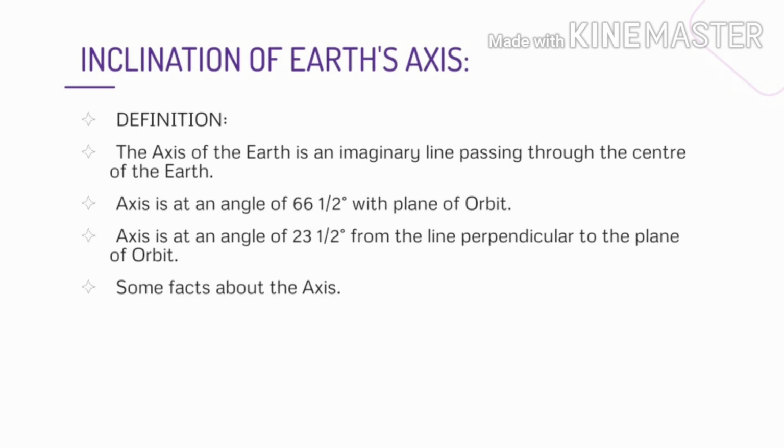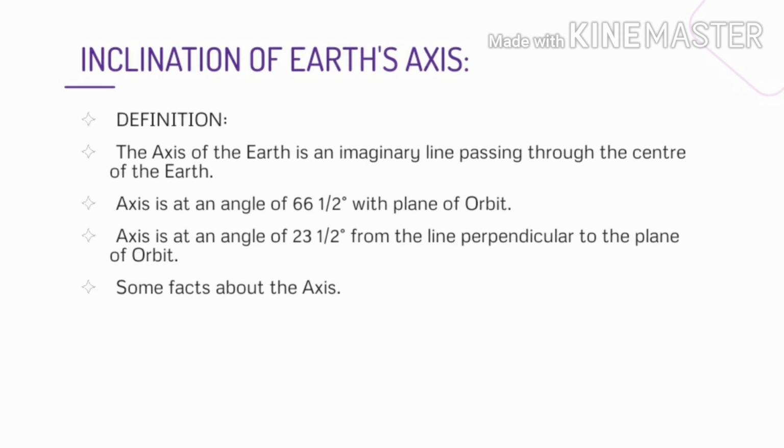We also have to know some important facts about the axis. Since the earth's axis keeps a fixed angle with the plane of the ecliptic, the earth's axis always points to the same direction. So we can say that the earth always remains inclined in the same direction.